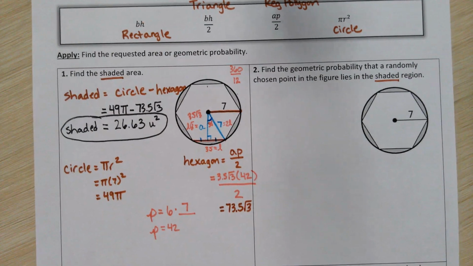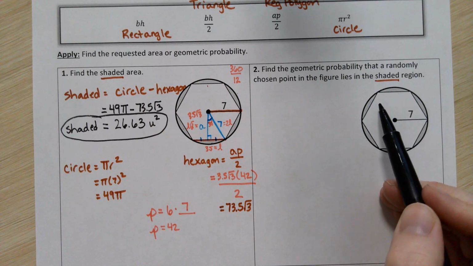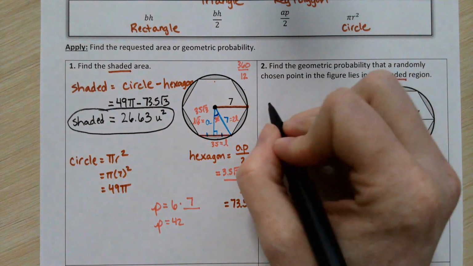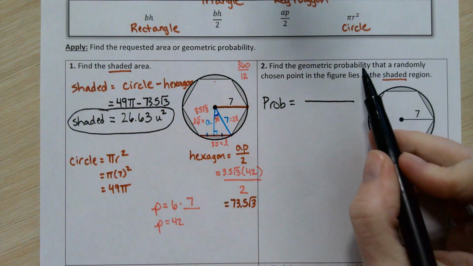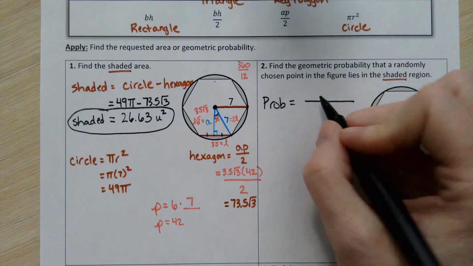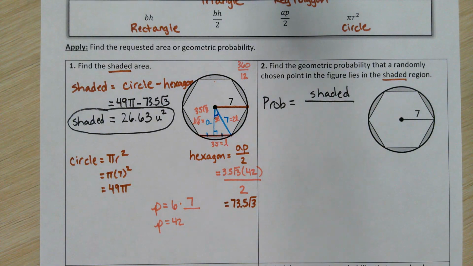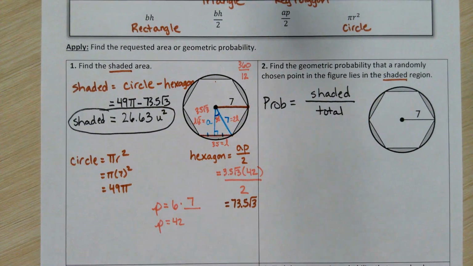All right, moving ahead to number 2, I'm noticing it's the exact same picture, so hopefully I'll be able to use a lot of the work that we've already done. This time it's about probability, so I'm going to get my probability fractions set up. They want the probability that a randomly chosen point in the figure lies in the shaded, so shaded is the desired successful region, and we need to then divide that by the total area in the picture.